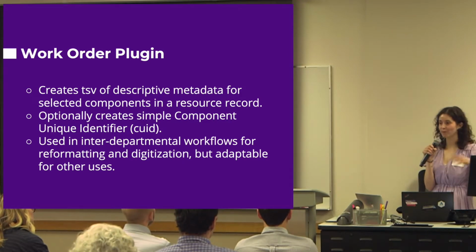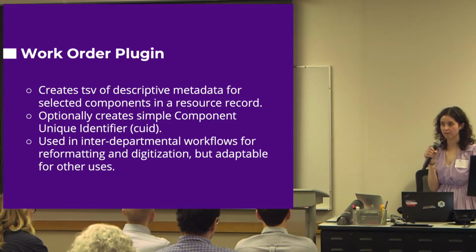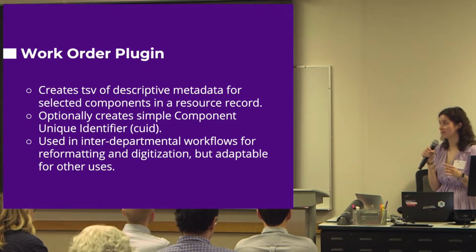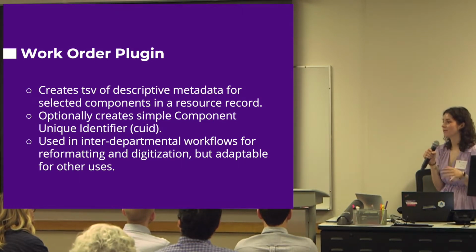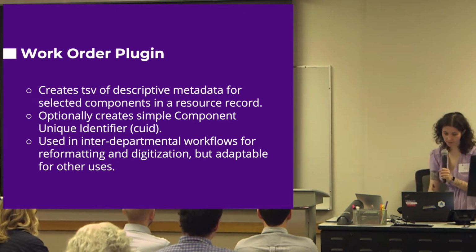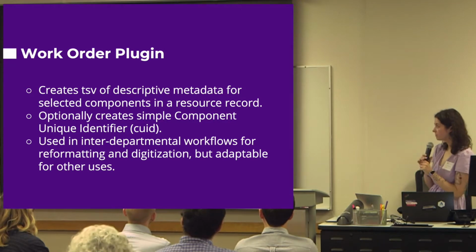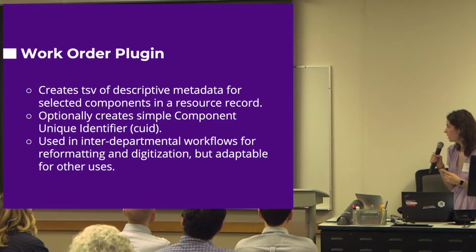So when we were migrating, we knew we needed something to replace it, but because these are interdepartmental workflows that we are only a part of, we don't manage, we needed something that was similar enough as to not disrupt them, but to make some modest improvements. It optionally creates a simple component unique identifier, CUID.